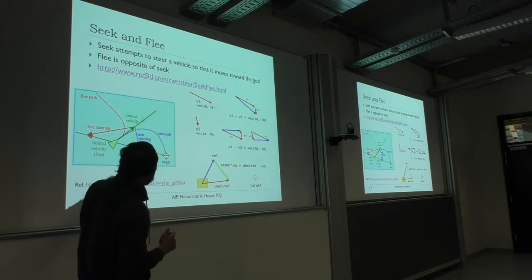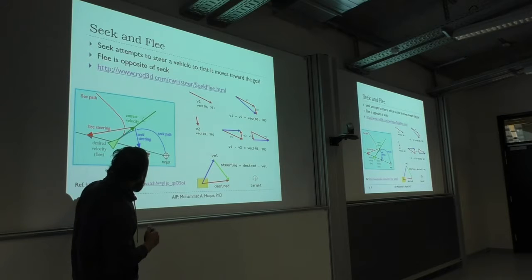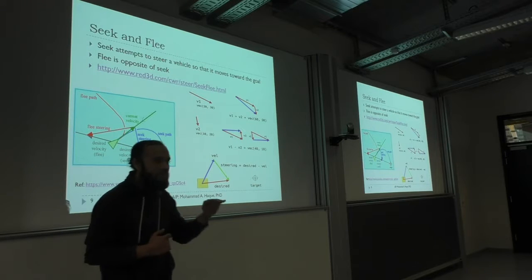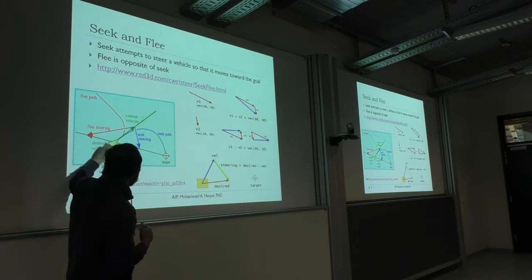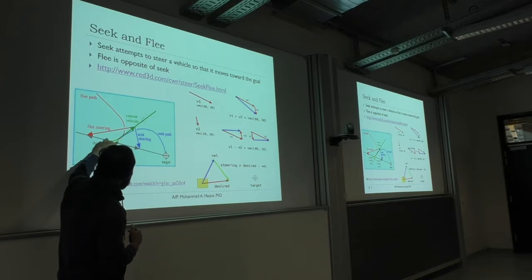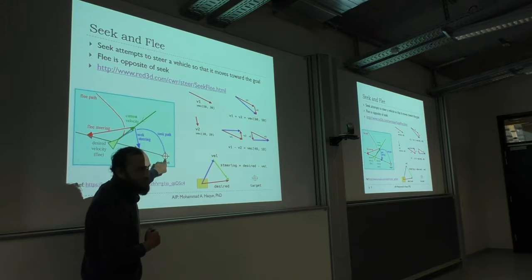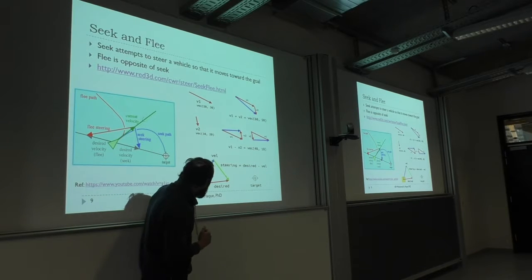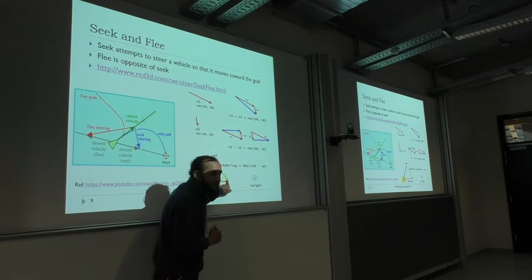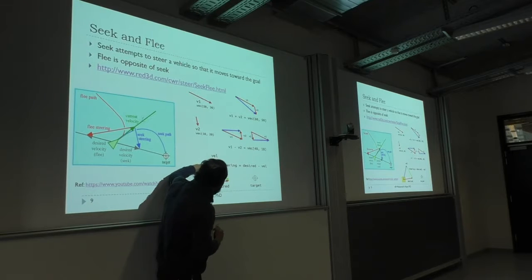Then how will we find the steering behavior in seeking for this vehicle when it is in this position, the current location, and the target location is this one? It is our vehicle, it is our target location, and this is our current velocity.